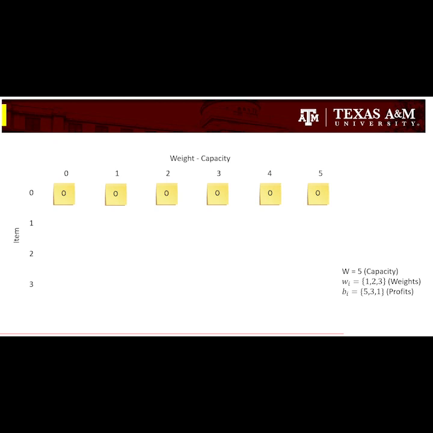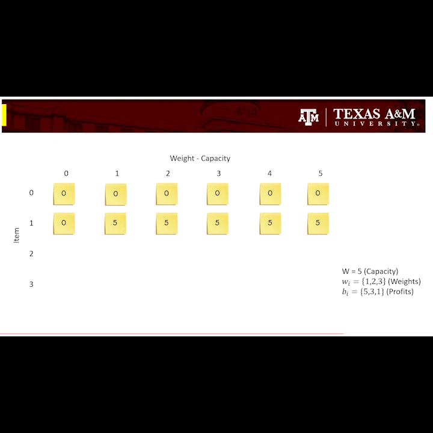If we try to add item 1 to a weight capacity of 0, well, of course, there's no profit. We can't put the item in there. But when we put item 1, which has a weight of 1, into the knapsack where we have a weight availability of 1, well, of course we could put that in, and that's going to give us 5. And the same goes for 2, 3, 4, and 5.